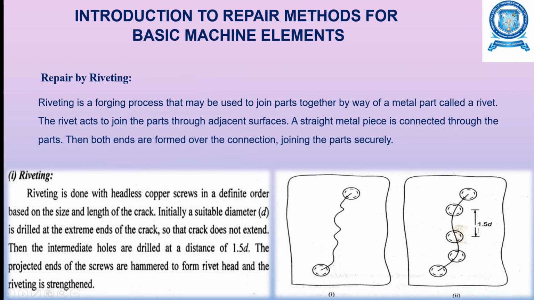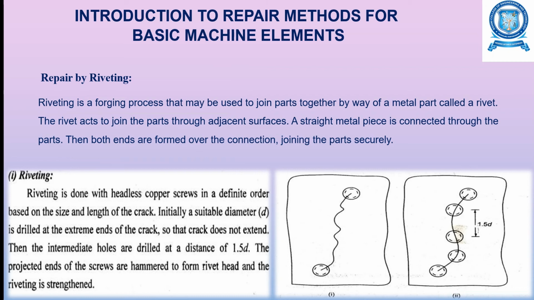So coming to the repair by riveting, riveting is nothing but a forging process that may be used to join parts together by way of a metal part called a rivet. The rivet acts to join the parts through adjacent surfaces, and a straight metal piece is connected to the part.